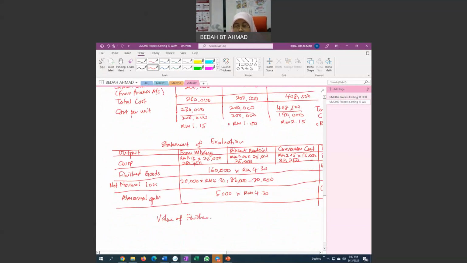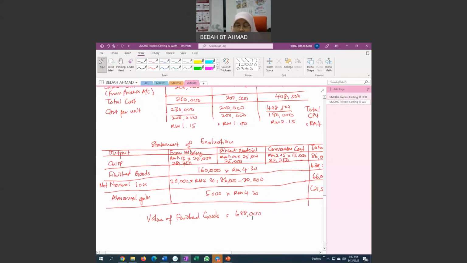So we can calculate using 688,000 plus the value of the net normal loss, which is 66,000.